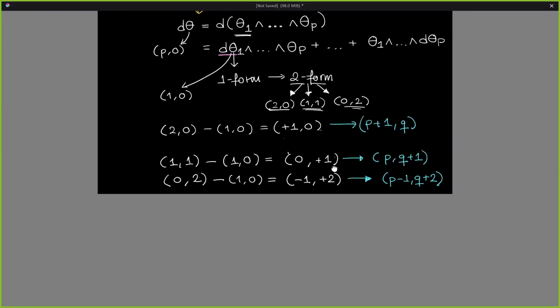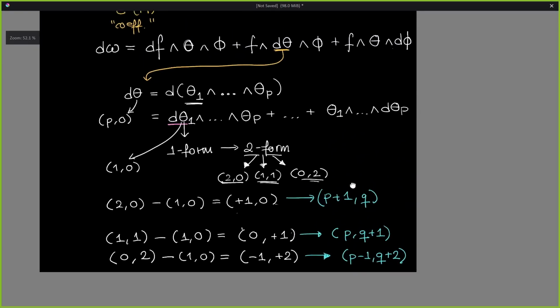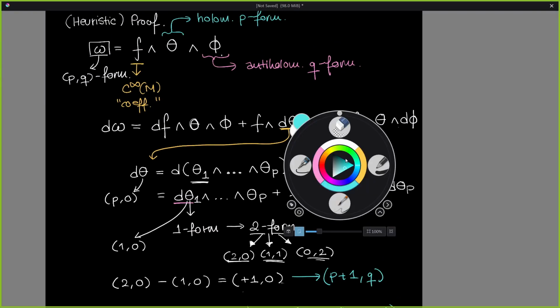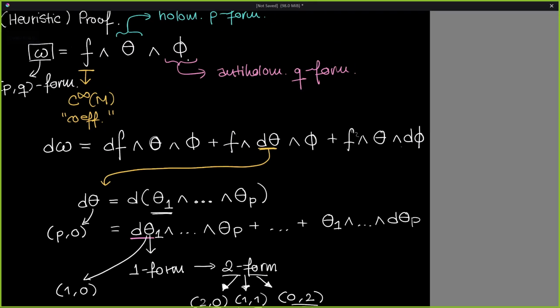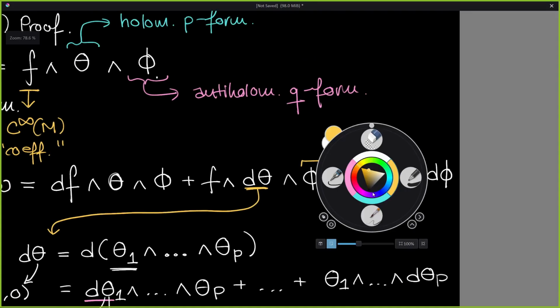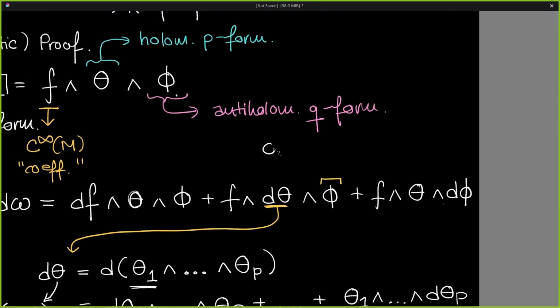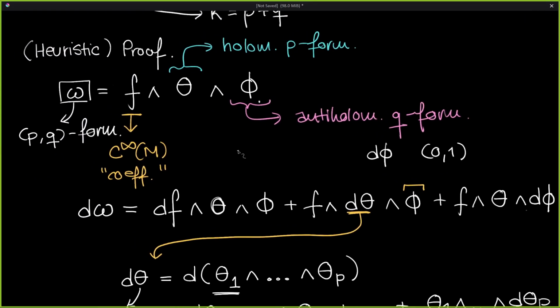And if you repeat this for the phi term, right? So then what we'll see is that we have phi 1, we'll look at d phi 1, a 0, 1 form, and then this 0, 1 form could become a 2, 0 form, a 1, 1 form, and a 0, 2 form.